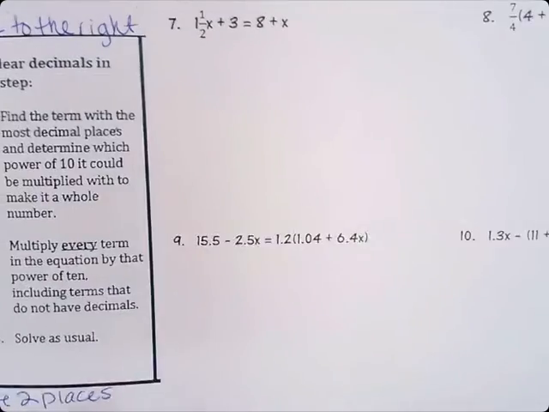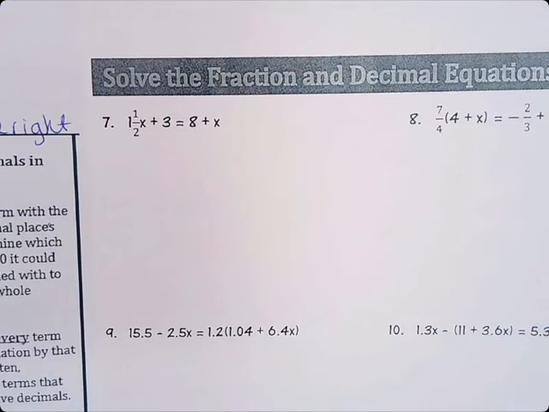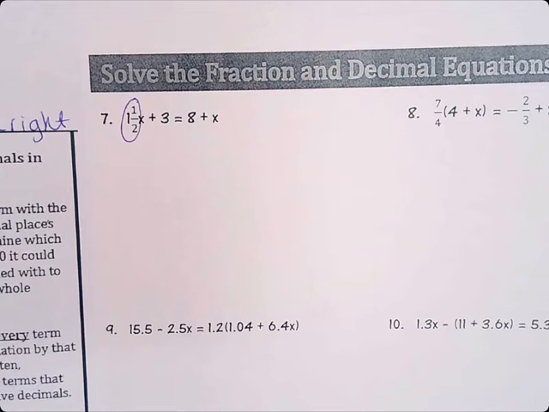Okay, we do have some examples on this next page. So let's look at number 7. It says 1.5x plus 3 equals 8 plus x. So I need to actually change this to an improper fraction. Do y'all remember how to change? 2 times 1 plus 1.